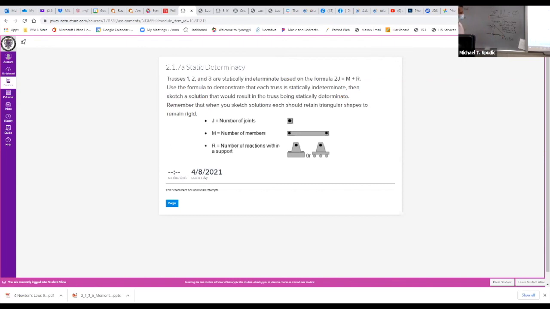Let's say for some reason it was off like this, okay? Let's do this one real quick together before you work on the assignment. Let's change it so that I have an extra bar in the middle. So now let's see how many joints and members. I'm trying to get one that's not statically determinate, so I'm hoping this one is not.